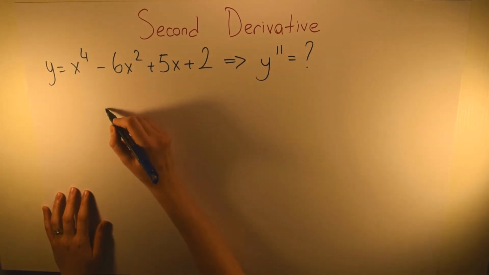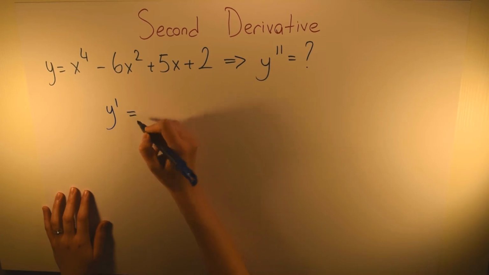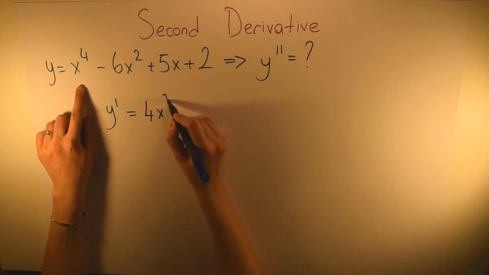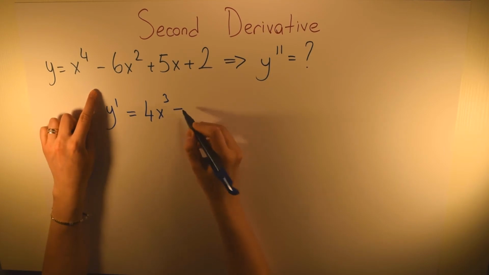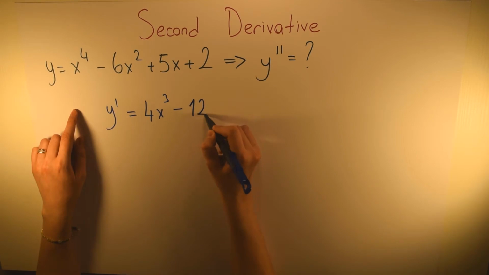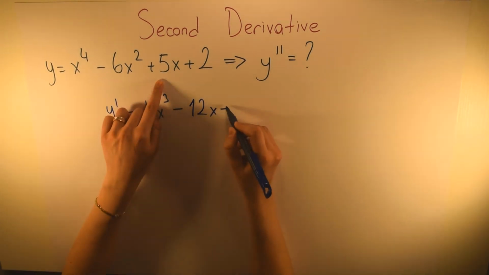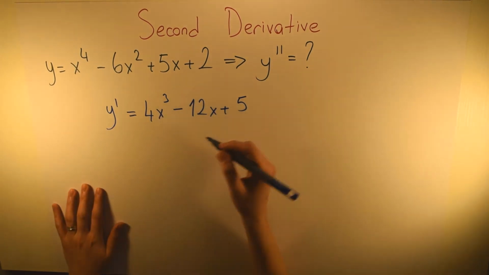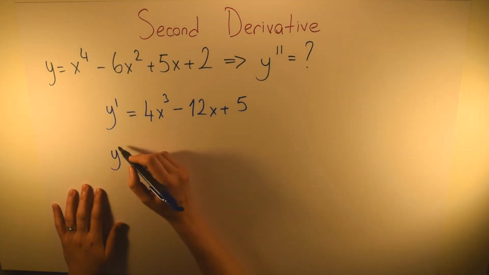So first we will start with our first derivative, which is equal to 4x cubed minus, it's 2 times 6, it's 12x, and plus 5, right? And after that you will take another derivative, which will be your second derivative.